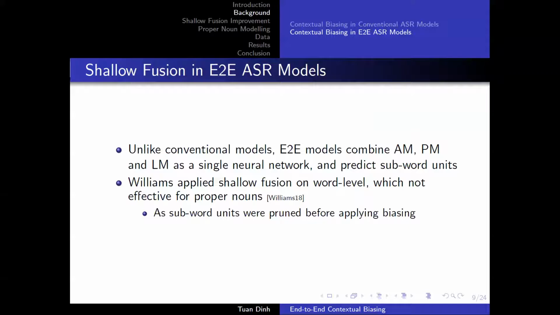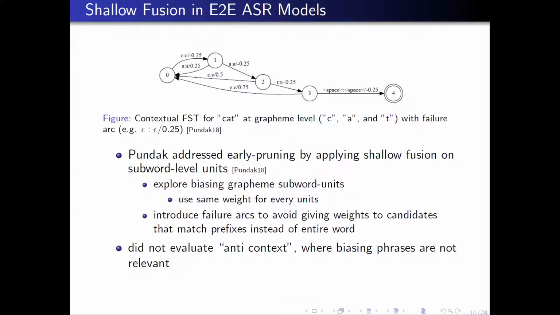Williams applies shallow fusion on the word level, which is not effective for proper nouns because the subword units of proper nouns are likely pruned before applying shallow fusion. Kannan addresses the early pruning issue by applying shallow fusion on subword level units.